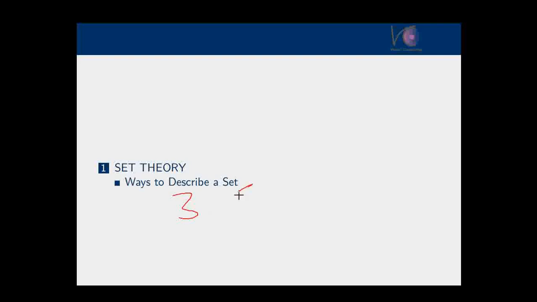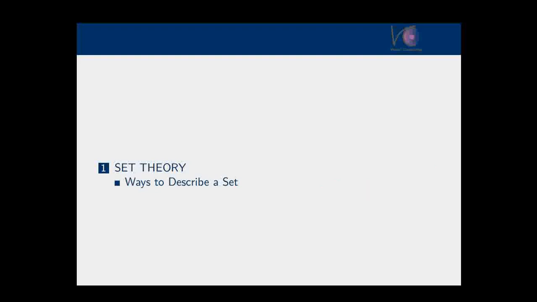So for example, we can have 1, 3, 2, 6, 5, 4 to be called a set. The order does not matter. You can as well write these numbers in ascending order.